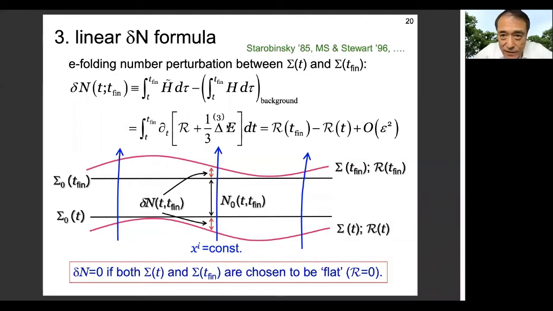As was correctly mentioned earlier, this Laplacian will be small in the leading order of epsilon. If you ignore this epsilon square term, then this difference in number of e-folds will be the difference between the curvature perturbation on the final slice and its value at some time t. So this is essentially the most important equation.